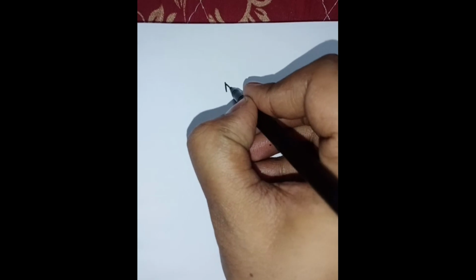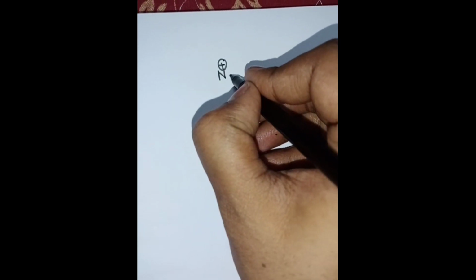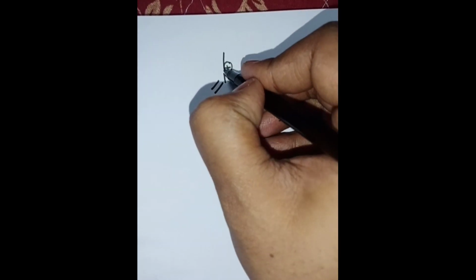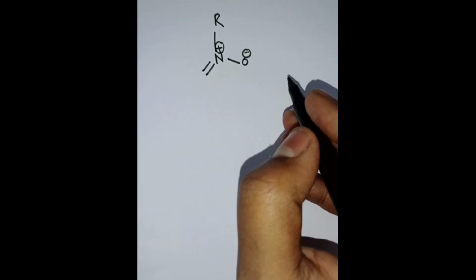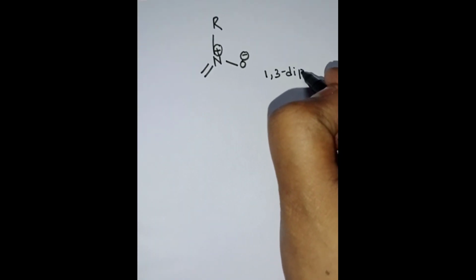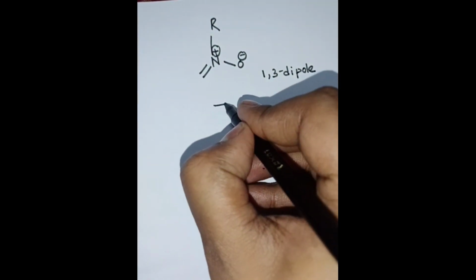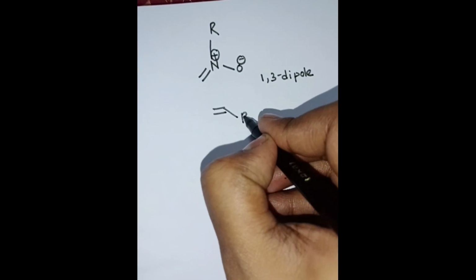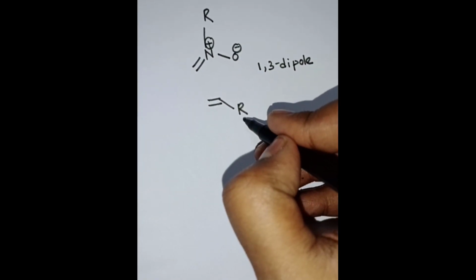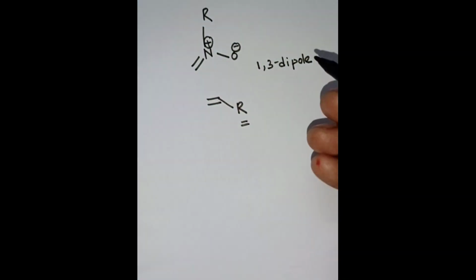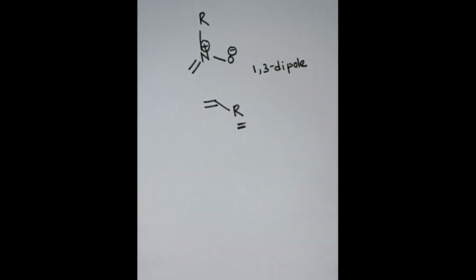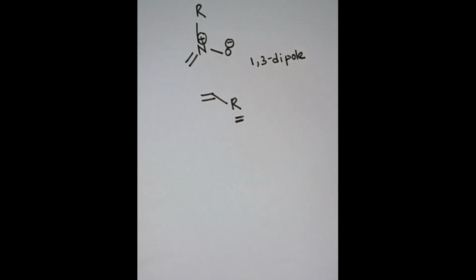Now suppose I have this 1,3 dipole, and I have this dipolarophile. I am assuming that this is an electron rich system, this R group is an electron rich system.